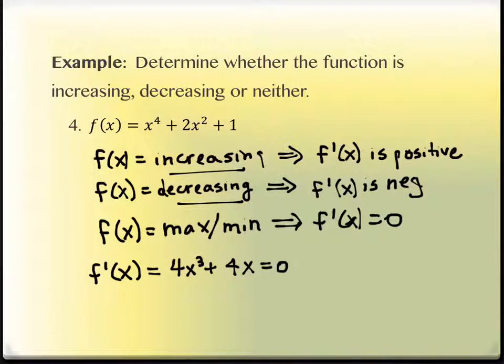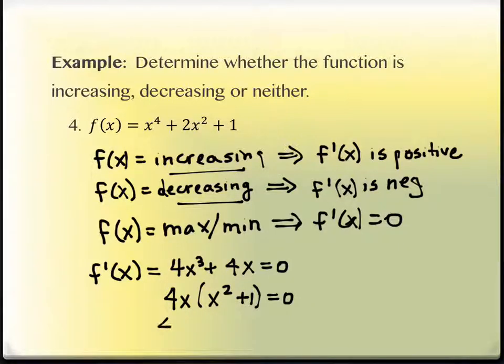All right, what would we do next? Any thoughts? Take out a 4x. So factor, right? Yeah. All right, so let's take out a 4x. What would I have left? x squared plus 1. Then what? This almost feels like that last problem I did, doesn't it?